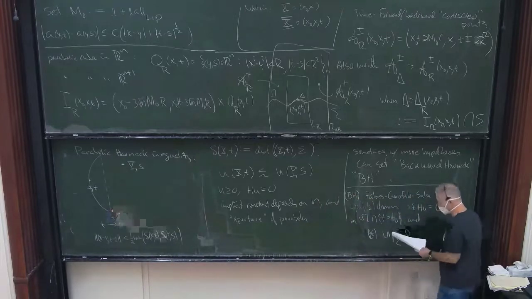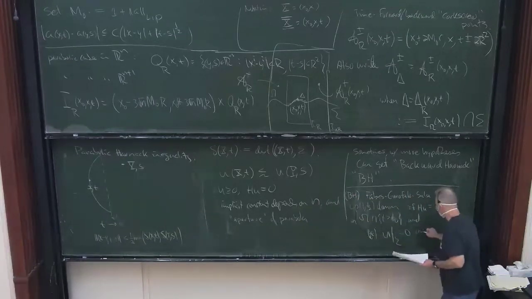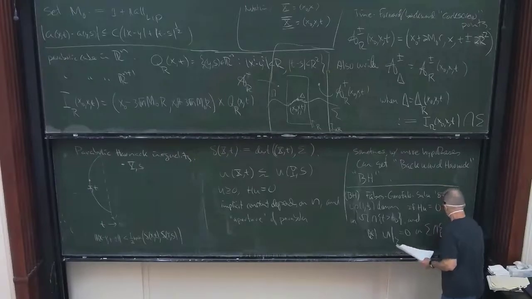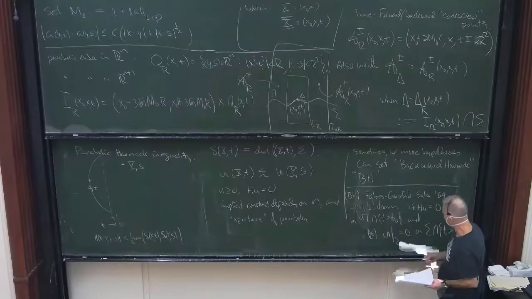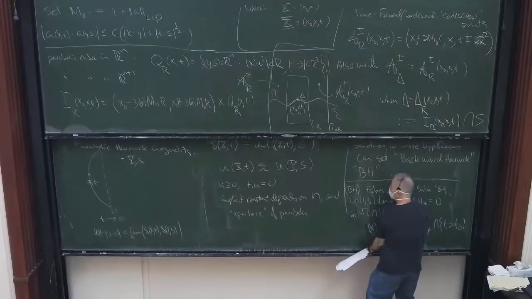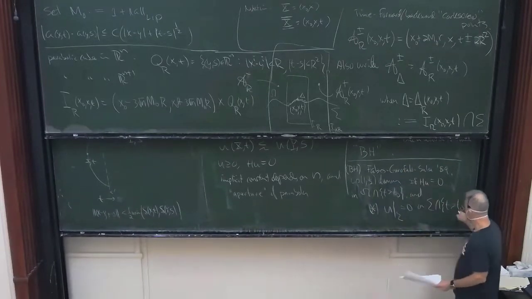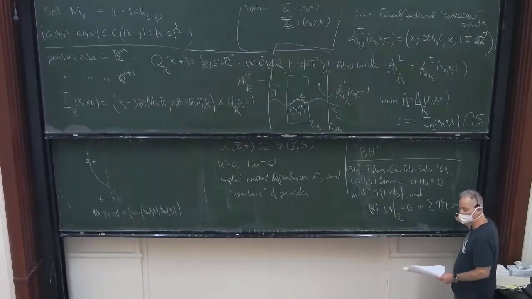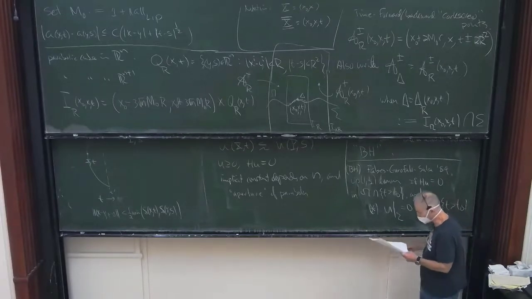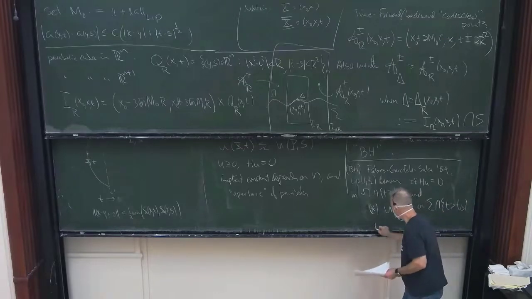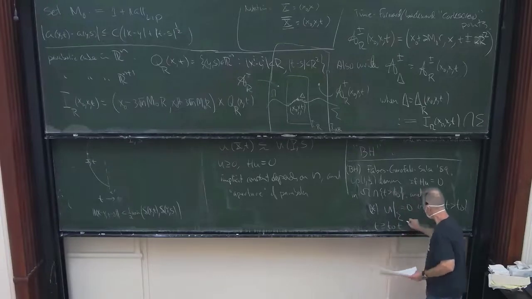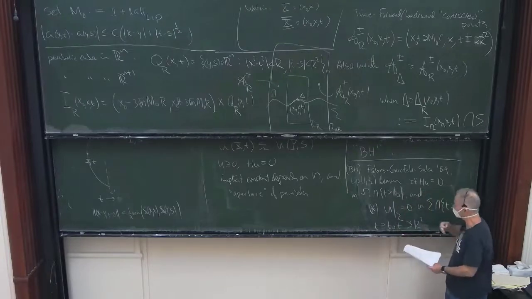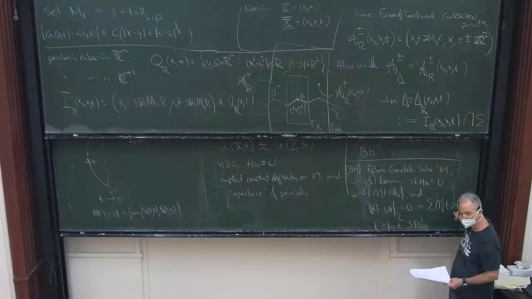So u restricted to sigma is going to be 0 on sigma intersects t bigger than t naught. And we're going to further suppose that we want to be forward of this time at the right scale. We're going to also suppose that t is going to be bigger than or equal to, let's say, t naught plus 3 times r squared. That just moves us forward of this time at the scale that we're going to be working at.